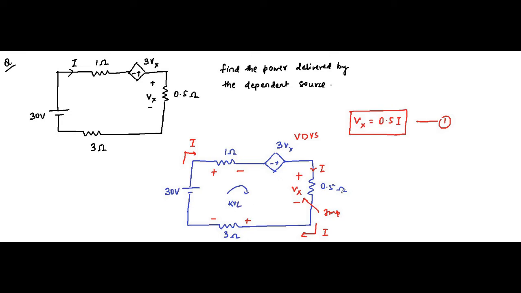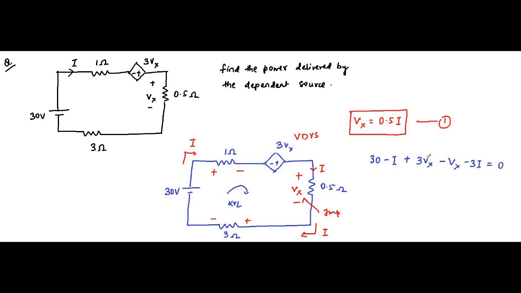When we apply KVL, the equation will be 30 minus 1 into I plus 3Vx minus Vx, this voltage drop, minus 3I is equal to 0.